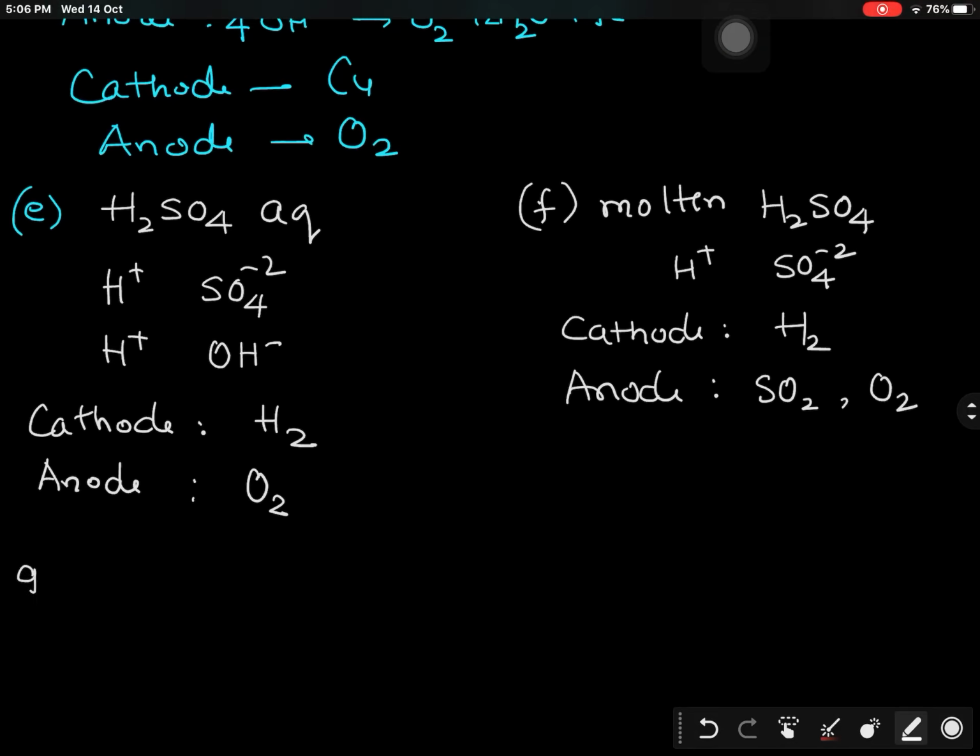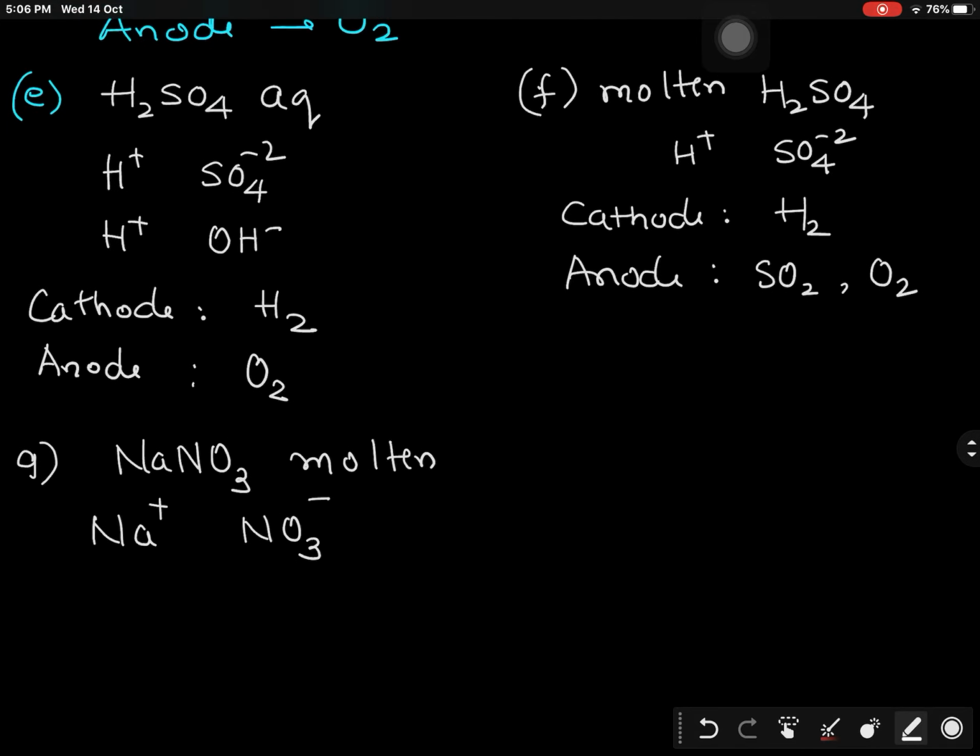Similarly, one more example will do. If I take NaNO3 molten, then what product do you expect? So, I have Na plus, I have NO3 minus. So, at cathode, now there is no water, molten it is. So, Na plus will undergo reduction to deposit as sodium solid.